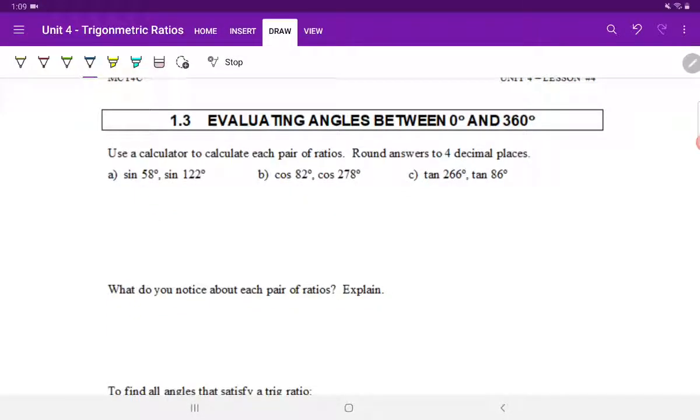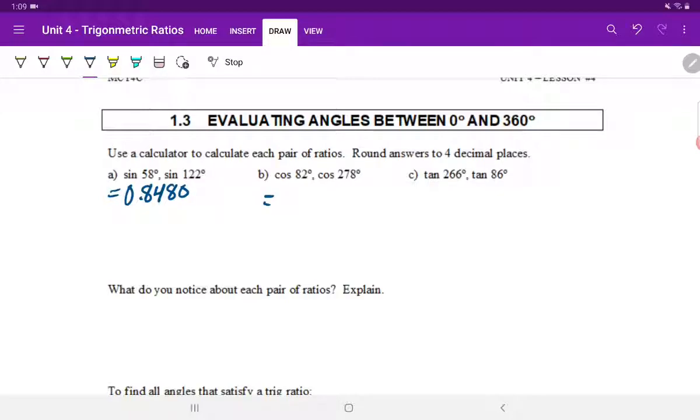Okay, so starting with some simple examples just to get us warmed up, even though we've already talked about this. It says here, use a calculator to calculate each pair of ratios. Round answers to 4 decimal places. Well, all of these are going to be equal to each other. So sine 58 and sine 122 I already did with you. It's 0.8480.